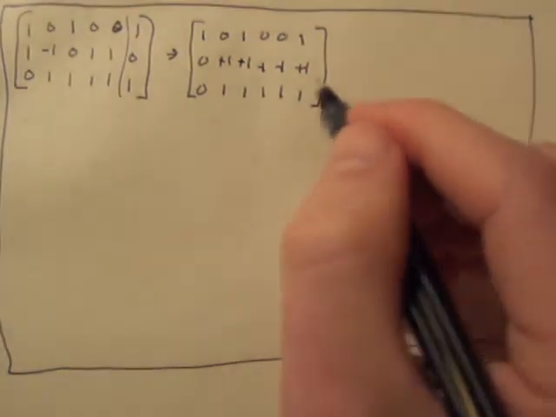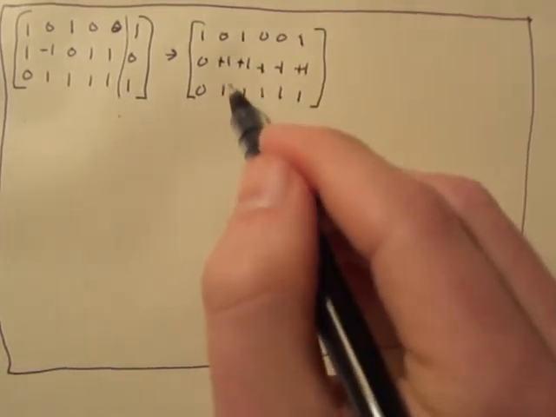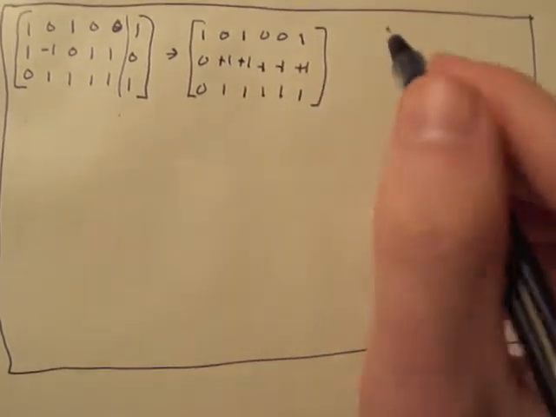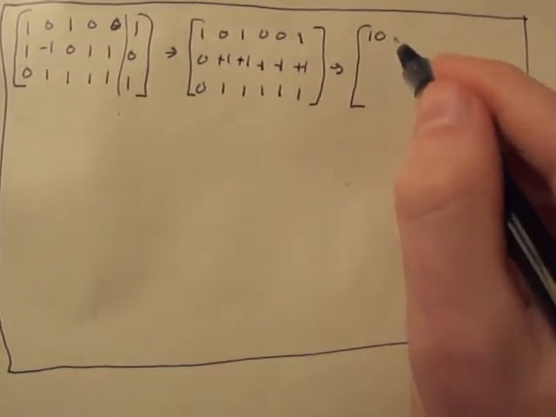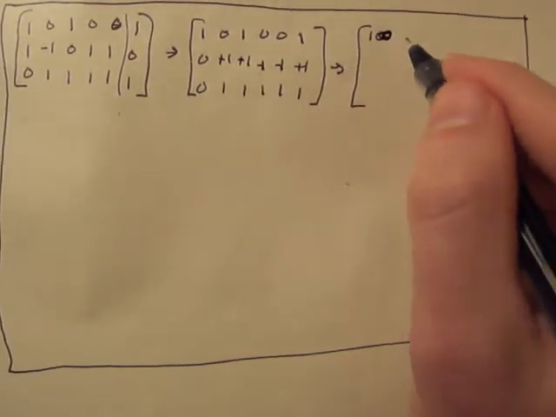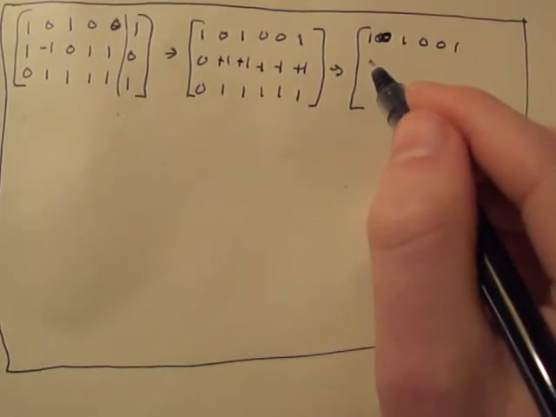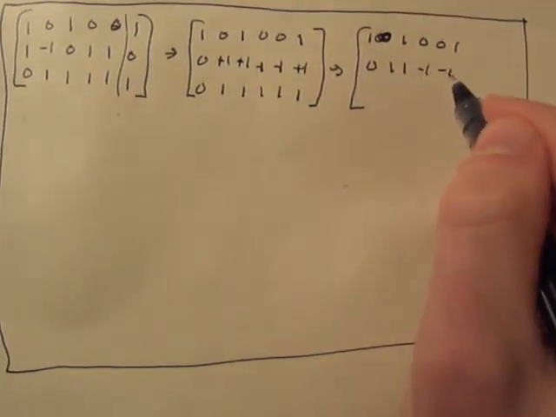Okay, now we want to eliminate everything above and below this pivot, so that's just this value here, so we'll multiply row 2 by negative 1 and add it to row 3. Row 1 will remain the same. 0, 1, 0, 0, 1. Row 2 will remain the same. 0, 1, 1, negative 1, negative 1, 1.